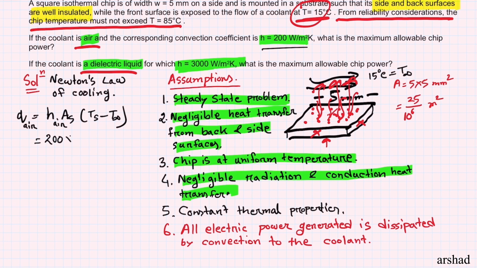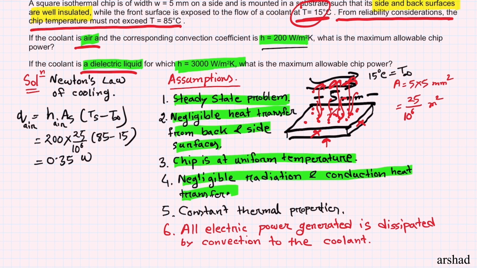The surface area is 25 over 10 to the power 6, where the 10 to the power 6 comes from conversion to SI. Ts is 85, T infinity is 15, and if we calculate this, we get 0.35 watts.